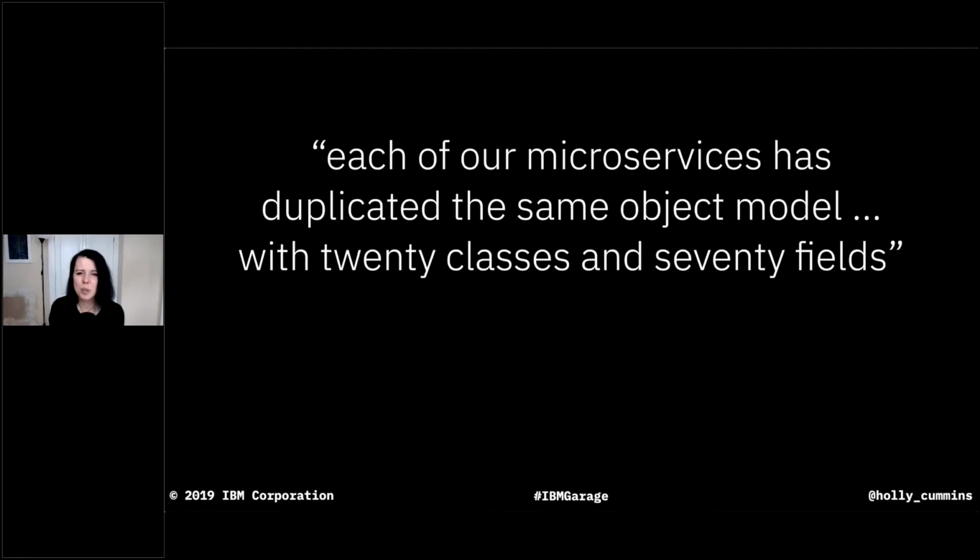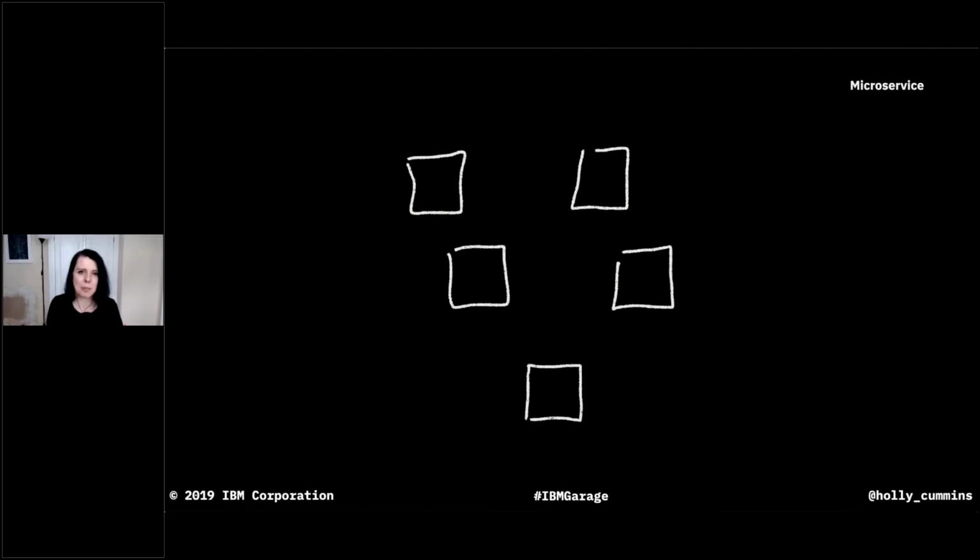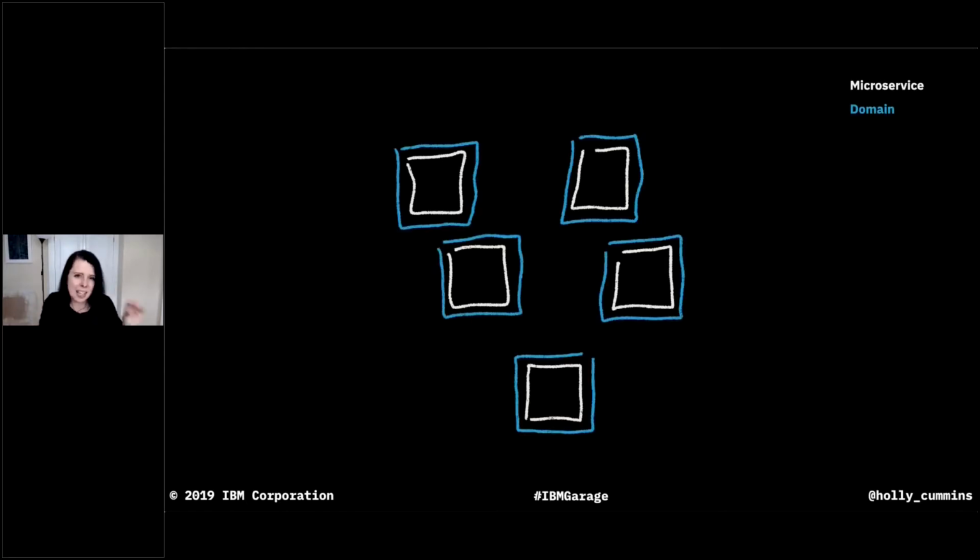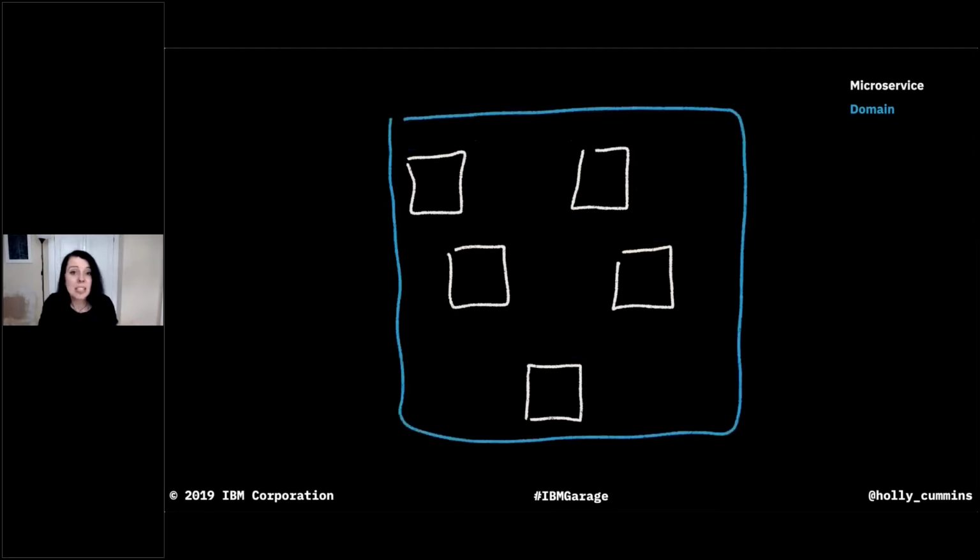So it was super, super coupled. How it's supposed to be with microservices is that each microservice maps really neatly to its own domain. But what had happened in this case was that there was a single domain for all of the services, which meant they had that coupling.